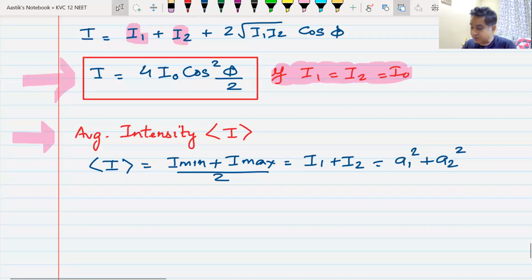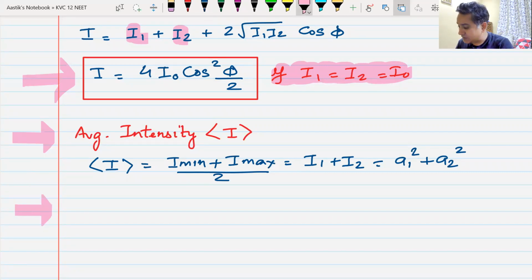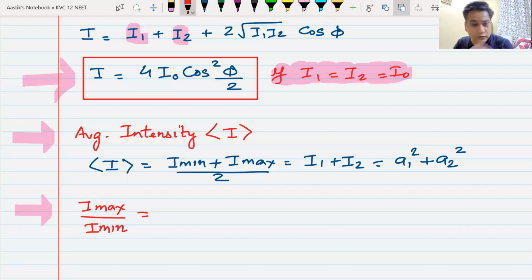All the formulas I am noting down one by one. Any one of these can appear. Then we have one thing which is known as ratio of maximum to minimum intensity, I max divided by I min. So I max divided by I min will be equal to what? Everyone knows the value of I max. Everyone knows the value of I min.